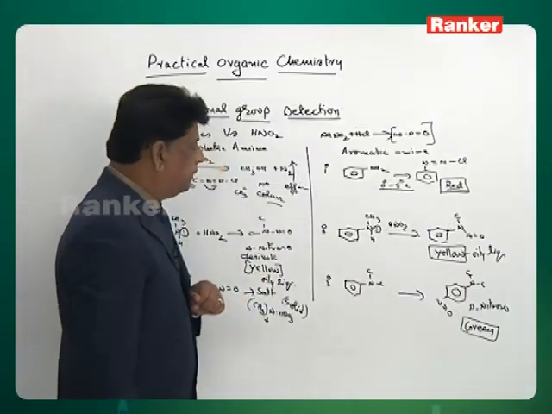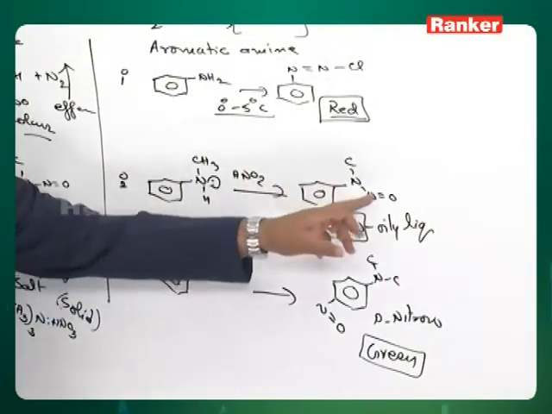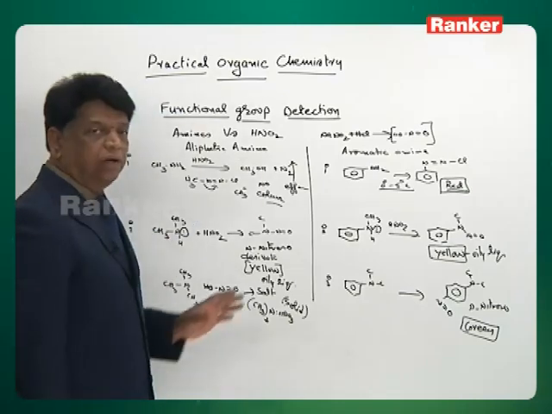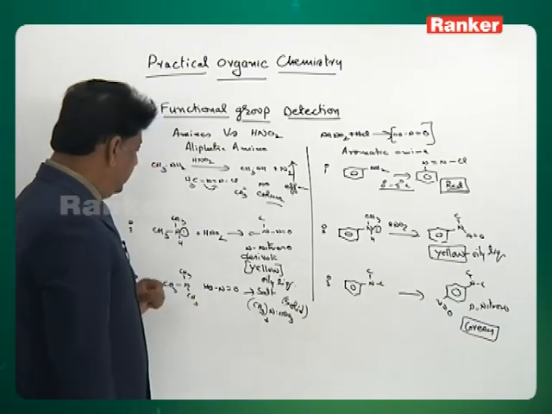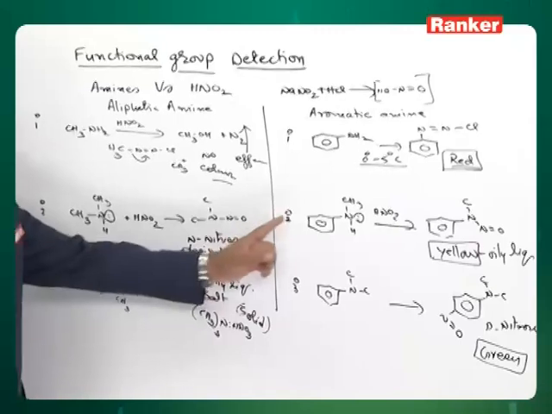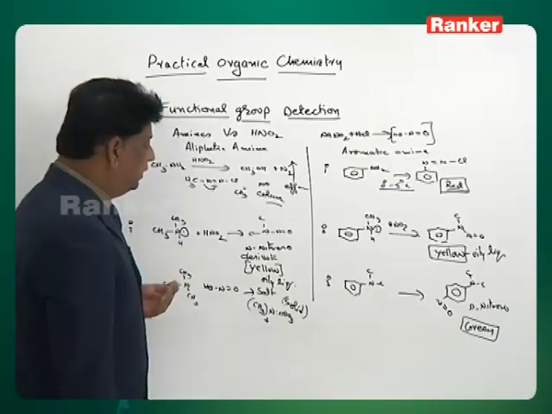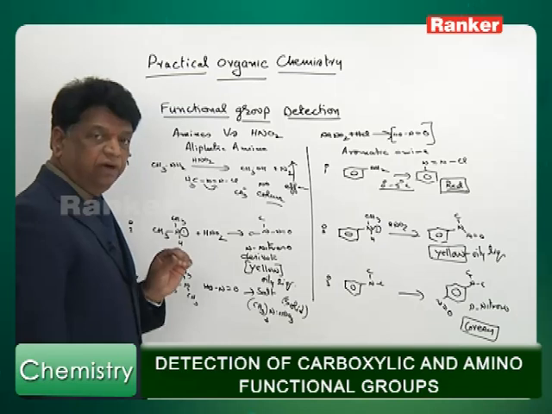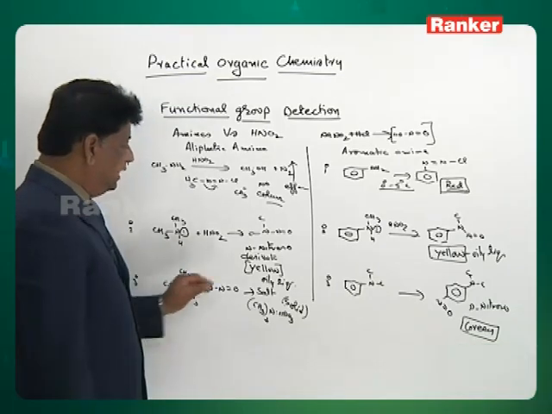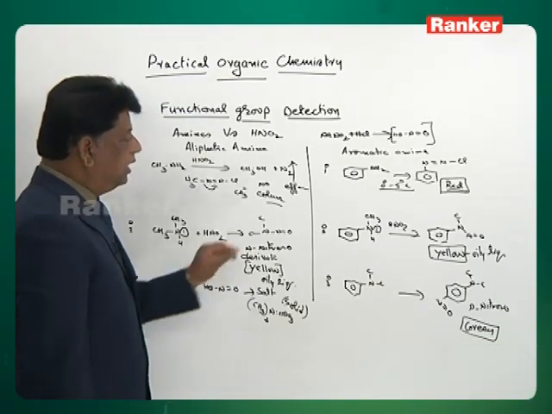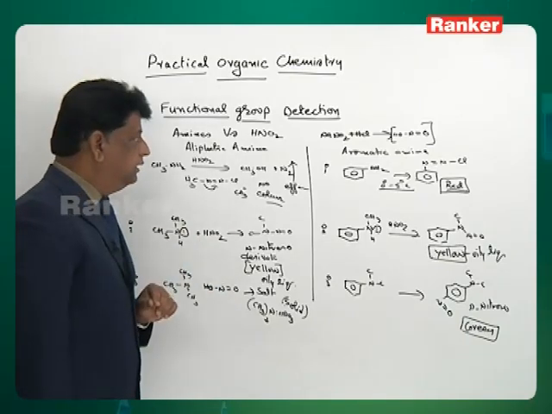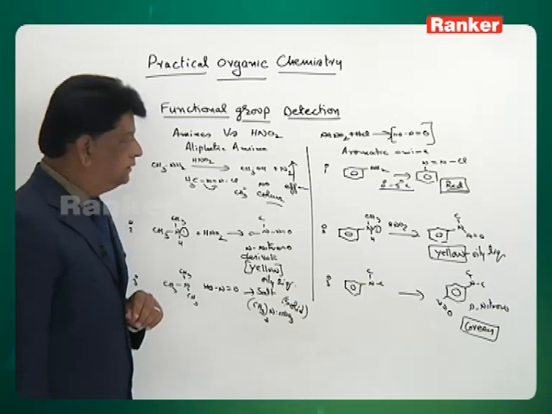In the case of 2 degree, N-nitroso derivatives are formed. So almost all the amines differ with nitrous acid, except 2 degree versus 2 degree. So depending upon the type of amine given, carefully examine first what amine it is and what reaction is going to take place chemically, or even the physical appearance of the color, which is very much of interest in amine reactions.